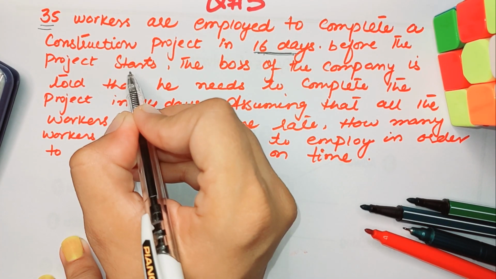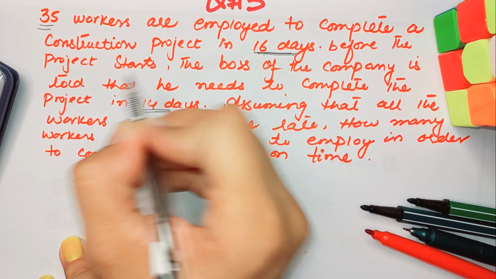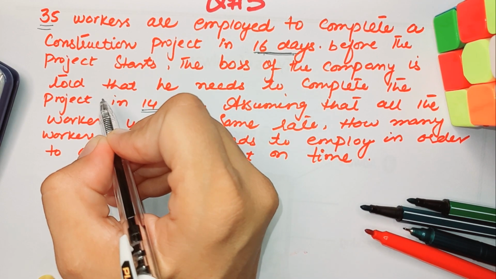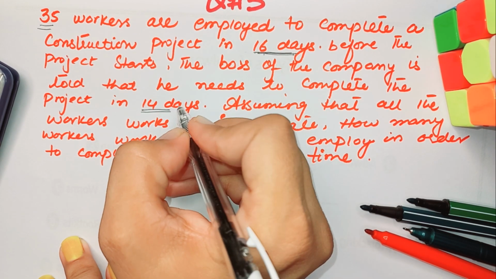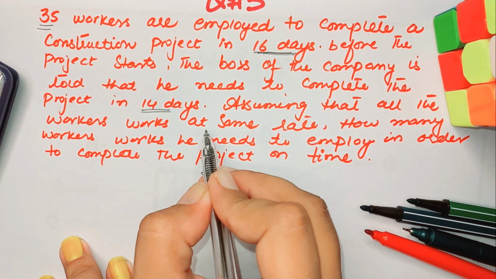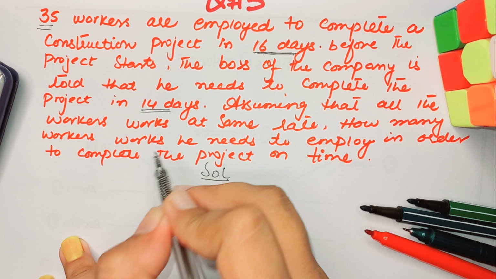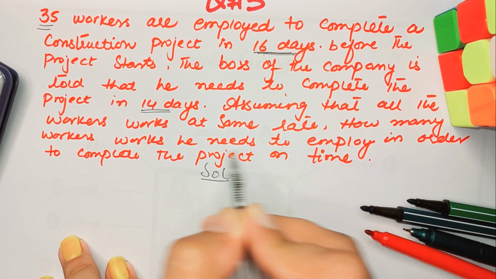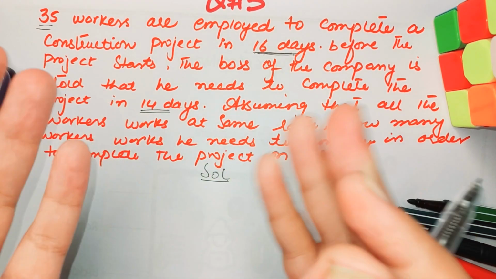Before the project starts, the boss of the company is told that he needs to complete the project in 14 days. Assuming that all the workers work at the same rate, how many more workers does he need to employ in order to complete the project on time?